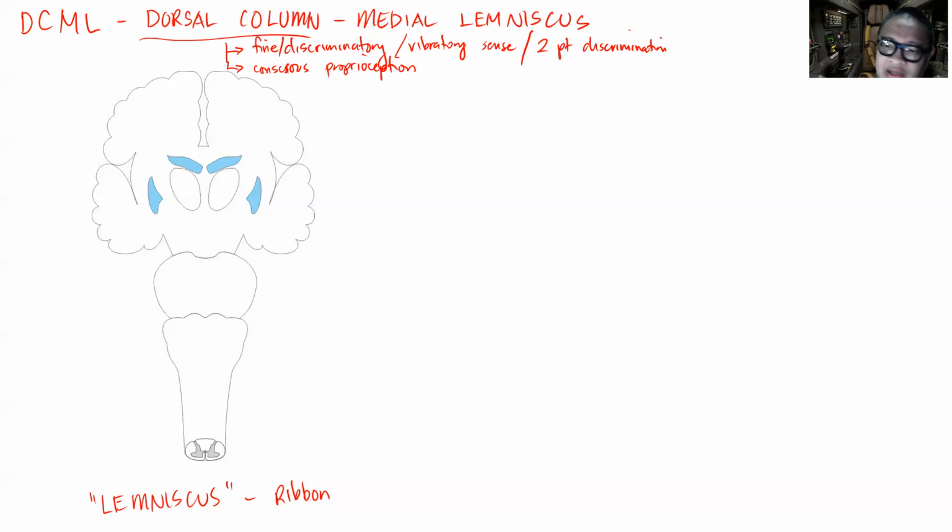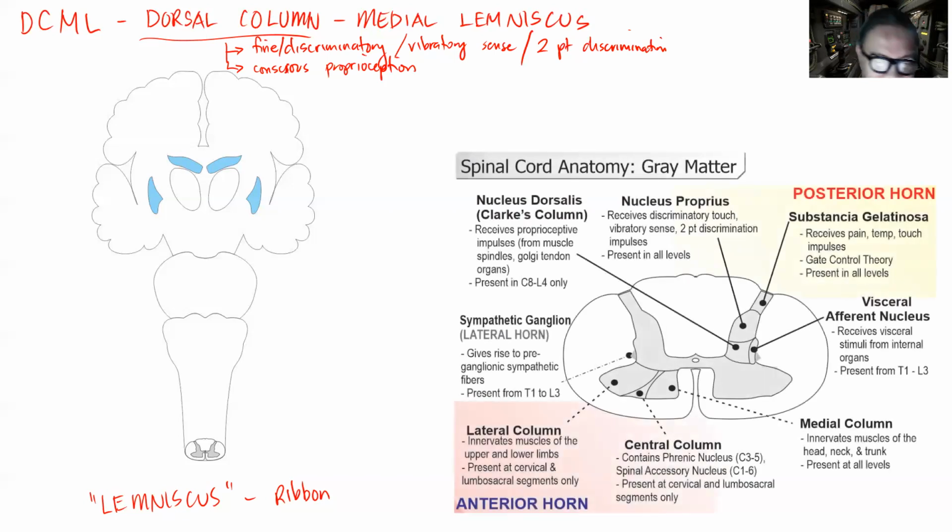When we're talking about your dorsal columns, let's say you have a receptor for fine touch or vibration, dorsal root ganglion, and it's going to go into the posterior horn, through your nucleus proprius.